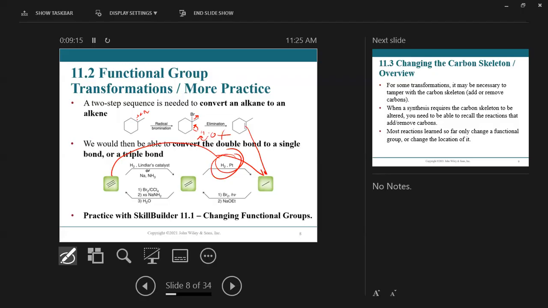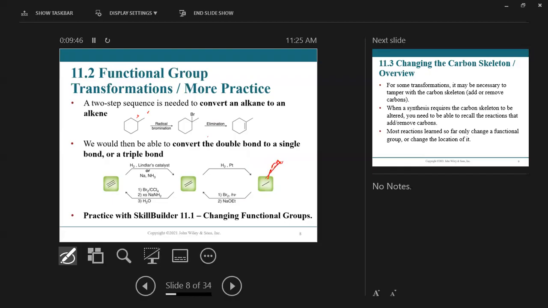Here I want to erase some of this stuff. Here we can go from the single bond to a double bond by creating radicals, right? So if we have this radical, we can create the double bond, and we can go backwards because we'd have this bromine here. We'd first add the bromine.